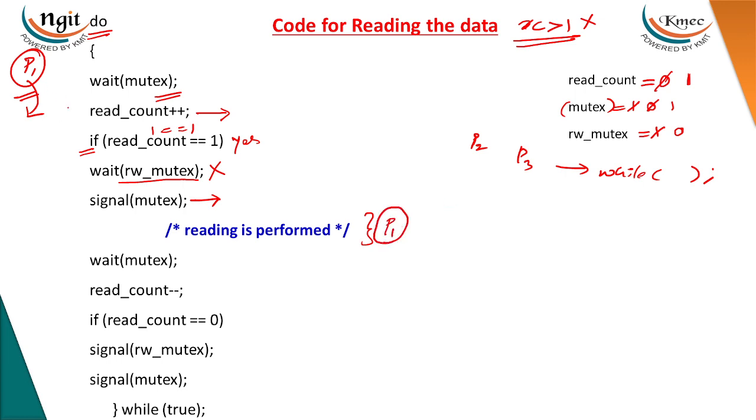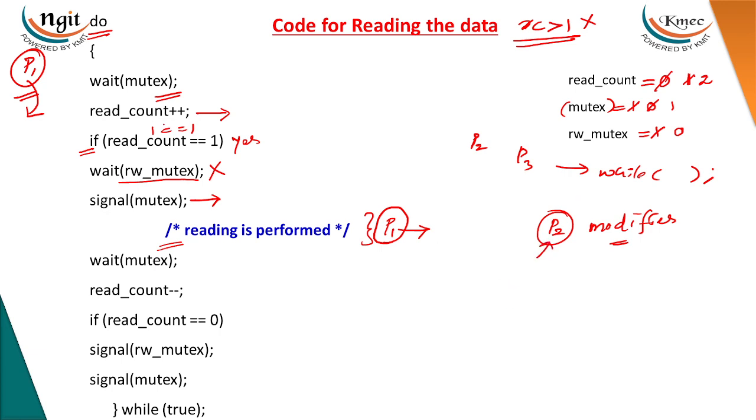After reading the data, the process decides to modify the data. P1 decides to modify the data, but at this point of time P2 also decides to modify the data, which is already read. So read count will become 2, and P2 decides to modify the data.